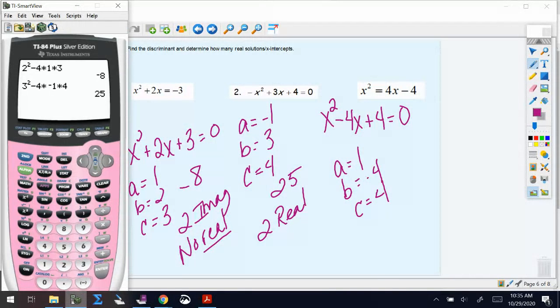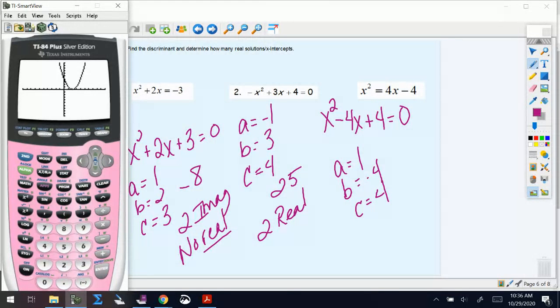If I were to graph this, so once I have it in standard form, if I just want to graph x squared minus 4x plus 4, and I hit graph. Oh, I got to change my window. One second. So zoom 6. And you can actually see visually what you expect to happen. So what I notice visually is instead of crossing the x-axis, this one just kind of sits on the x-axis.